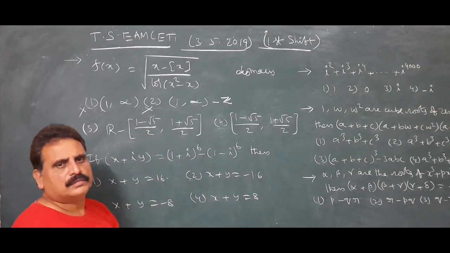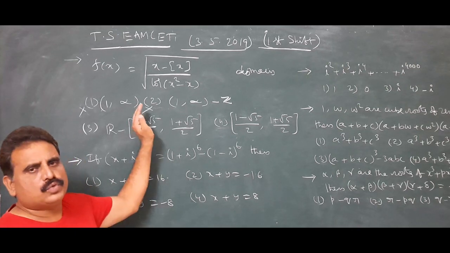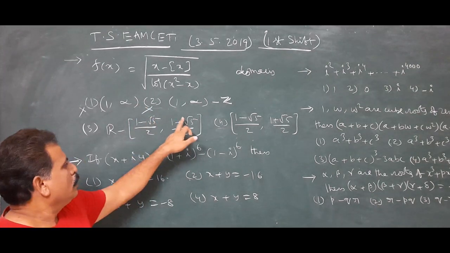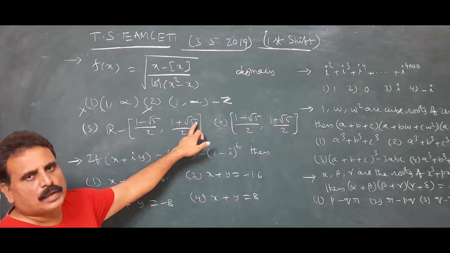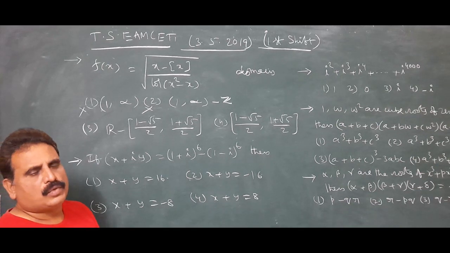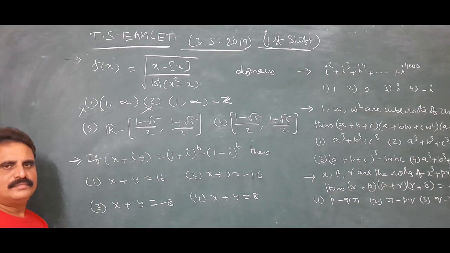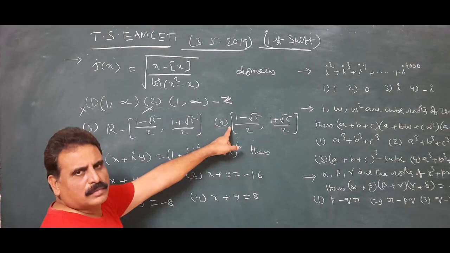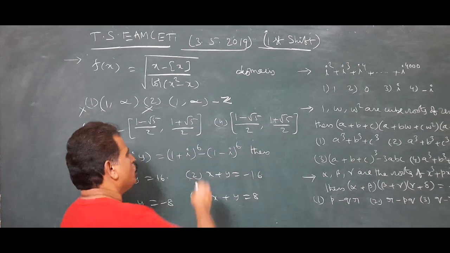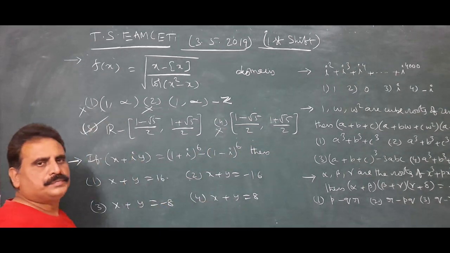Root 5 is 2.2. 1 minus 2.2 is minus 1.2, by 2 is minus 0.6. 1 plus 2.2 is 3.2, by 2 is 1.6. So minus 0.6 to 1.6 contains minus 1. But the option does not contain minus 1. So it is wrong. That's why the third option is correct.